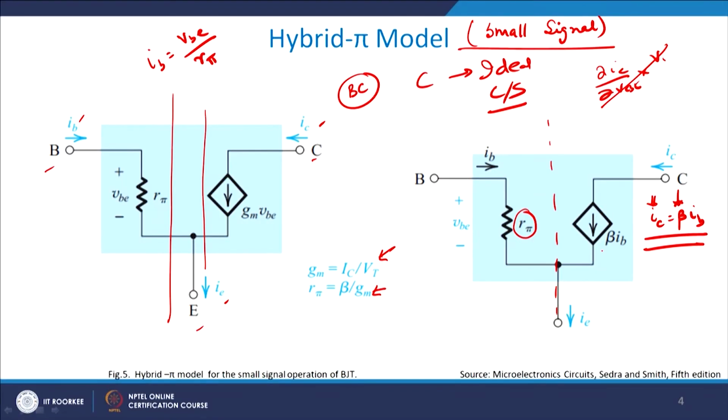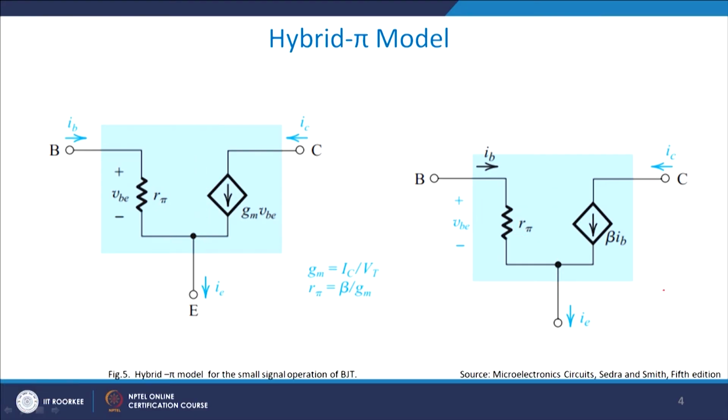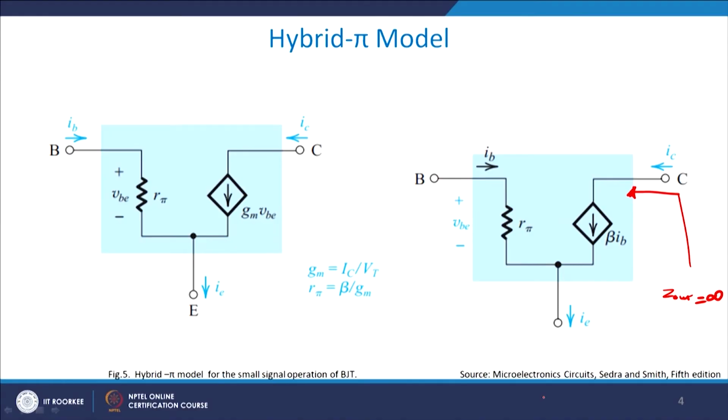So if you look at a BJT, the output impedance Z out, if you want to find it, is looking from the collector side. If this is the output, how much resistance is offered? Of course, if you look very carefully from the output side, it is being terminated across a constant current source, and therefore Z out will be approximately equal to infinity in an idealized condition.